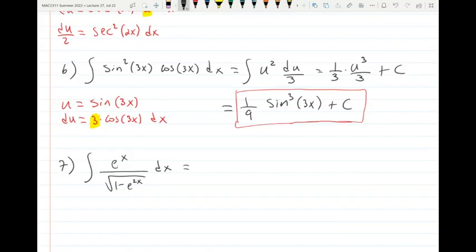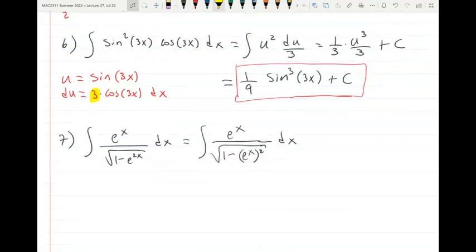The trick here is to realize that the e to the 2x in the bottom, we can write it as 1 minus e to the x, squared. Remember, the exponent of an exponent, you multiply, right? And then the moment that I do this, we can simplify this greatly, because if I let u be equal e to the x, then my du is e to the x, which is right here on top.